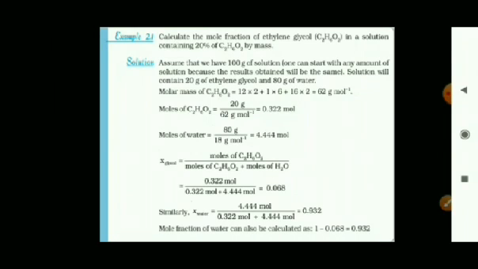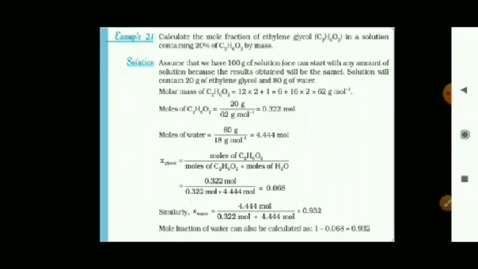If you take 100 gram of solvent and add 10% or 20% of solute, the solution is going to be of what? 100 gram only, na? The solution will contain 20 gram of ethylene glycol and 80 gram of water.